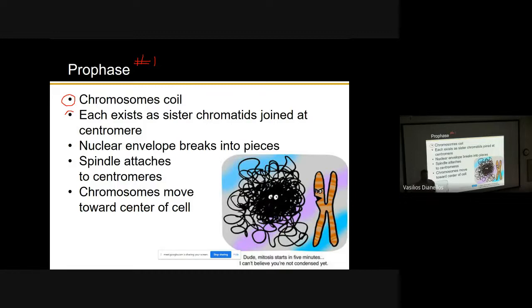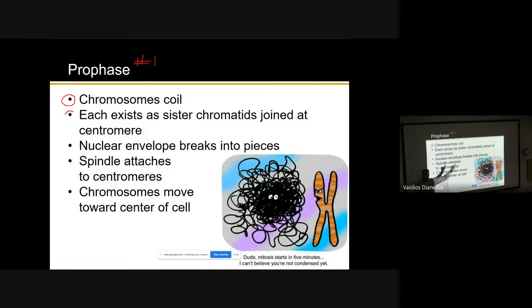You can't even tell any chromosome. It just looks like a big, cloudy mess in that picture because the chromosomes are not coiled up. They need to be uncoiled, and you'll learn why later in the semester. But basically, there's cellular machinery that needs to clamp onto that DNA and read the code. And if it's all coiled up, it's going to be a little bit harder to do that. But anyway, the most important thing you need to know for the exam is that the chromosomes coil.